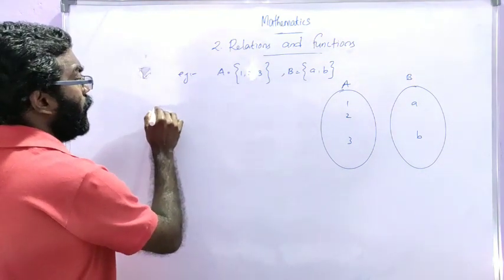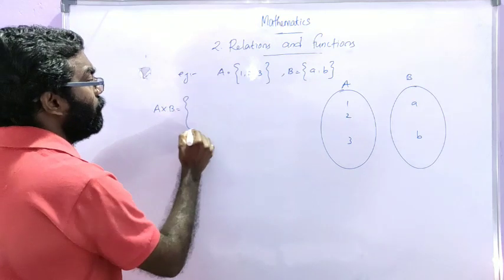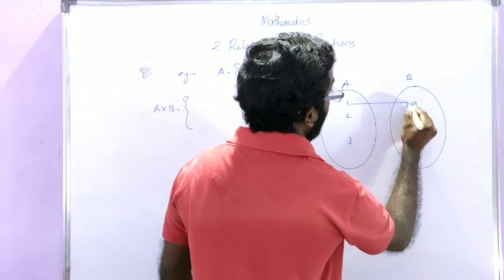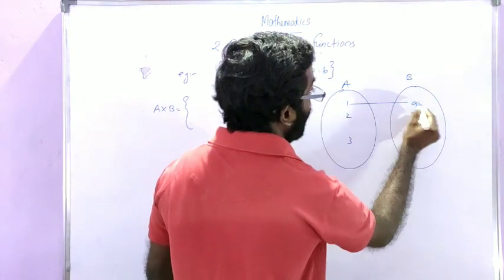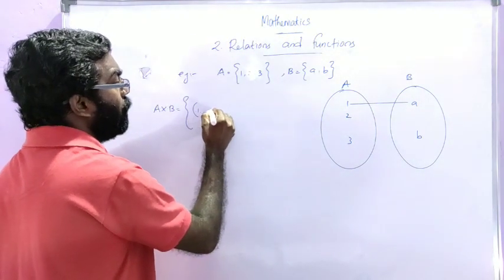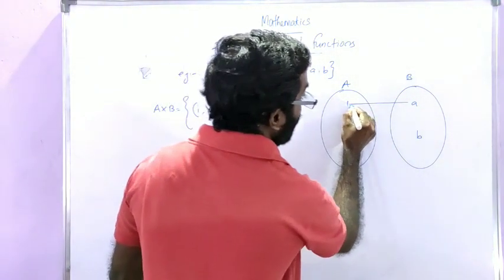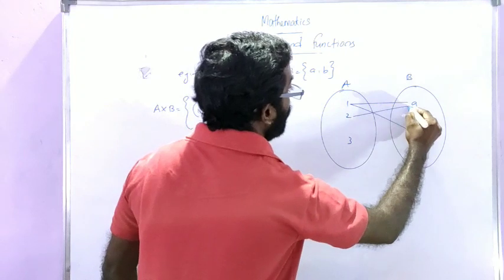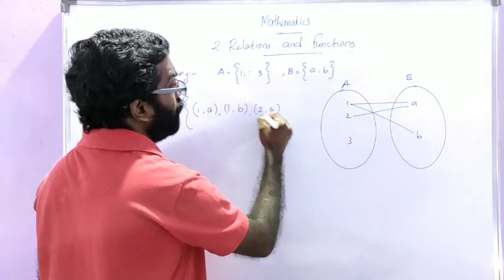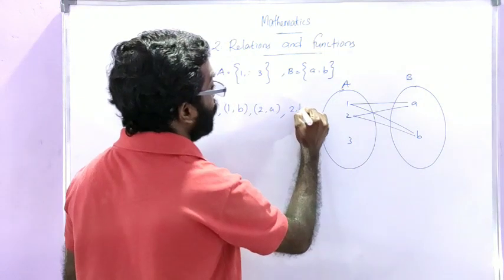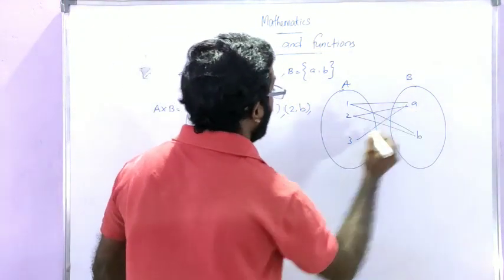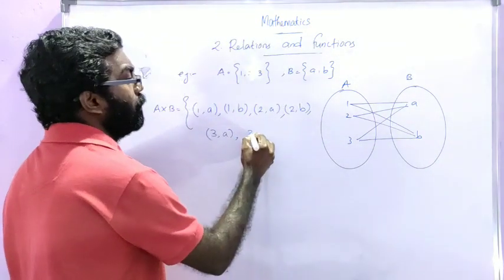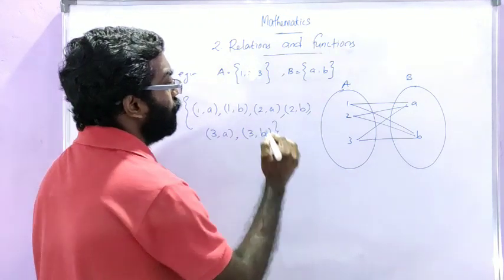So in order to write A cross B, we can choose a number from the first set. I choose the number 1. So 1 a, and we have to make the pairs. First pair you can write (1, a), then (1, b), then (2, a), then (2, b), then (3, a) and (3, b).